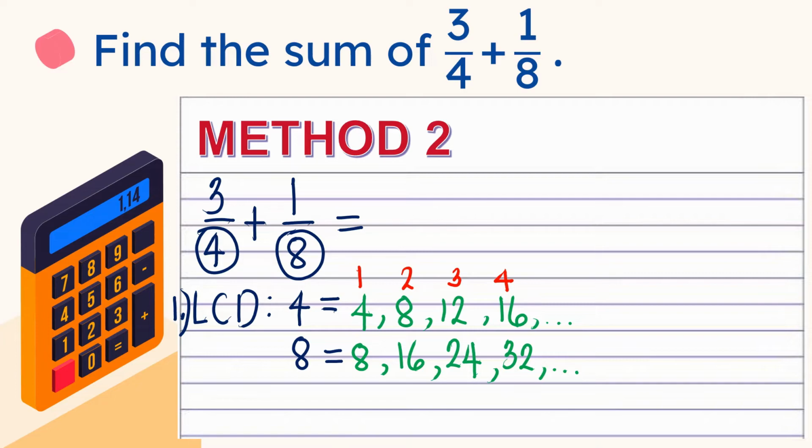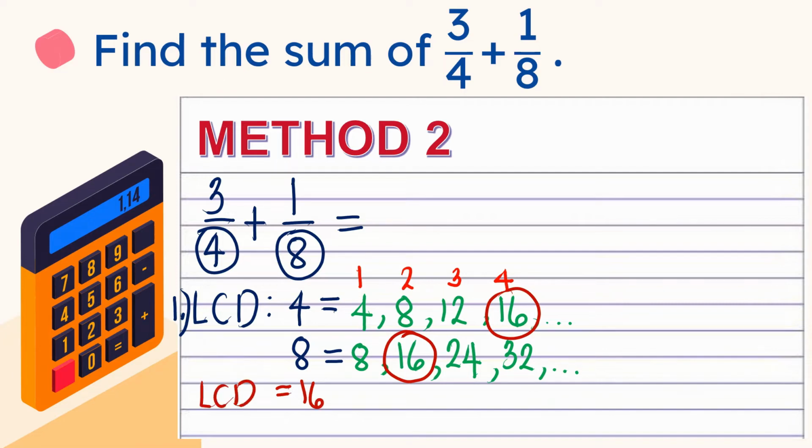Ano yung number na yon na nakita mong parehas meron si 4 at saka kay 8? Okay? That's right. Yung 16. Yang 16 ngayon na yan ang LCD natin. Okay? So, that is your LCD, which is equal to 16.